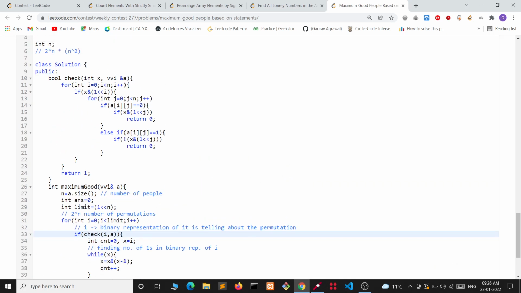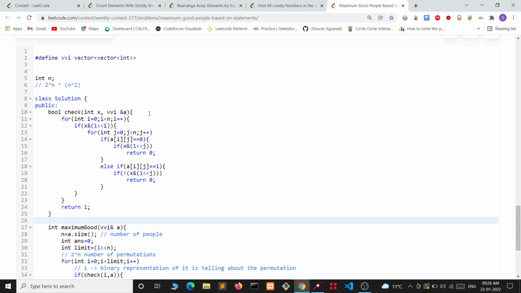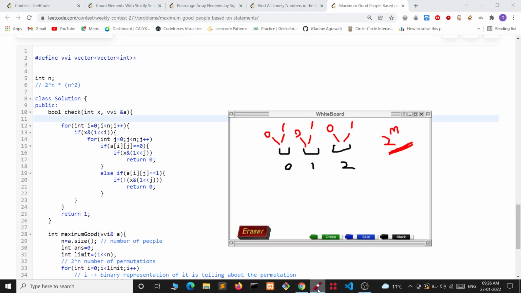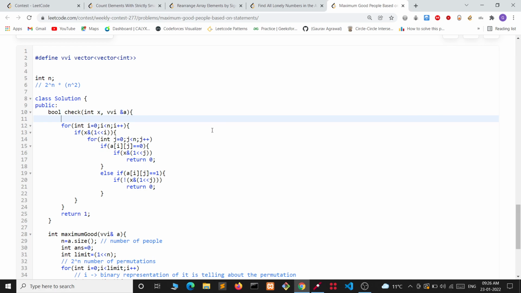Now how to make this check function? In this check function we will solve it greedily. This is the x. x is storing the binary representation of the permutation.